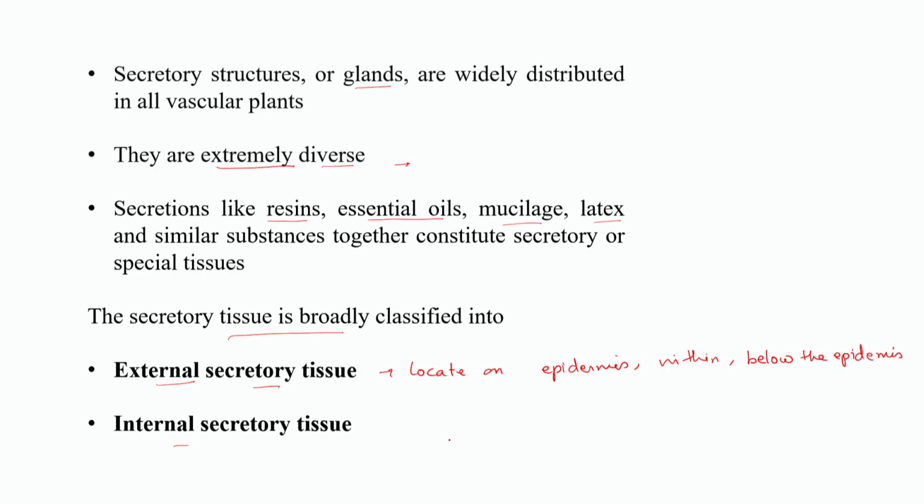Okay, they may be unicellular or multicellular. Now, in an internal secretory system, the tissues will definitely be located in the inner tissues, like in the cortex regions or in the pith regions sometimes. So, they will be present in the inner tissues.